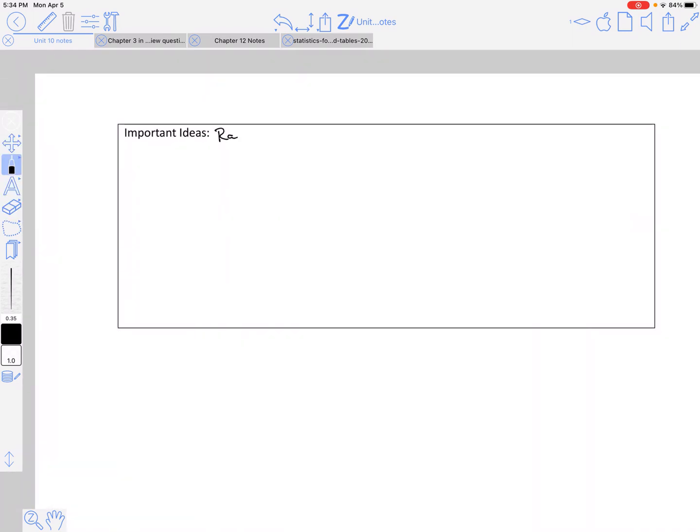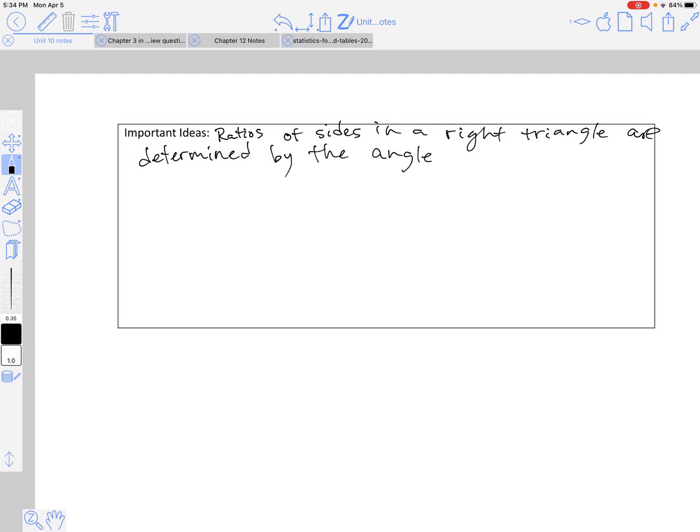So ratios of sides in a right triangle are determined by the angles. Ratios of sides in a right triangle are determined by their angles.